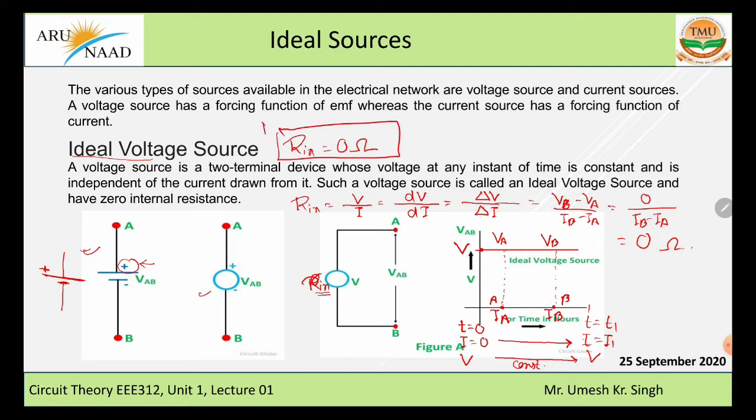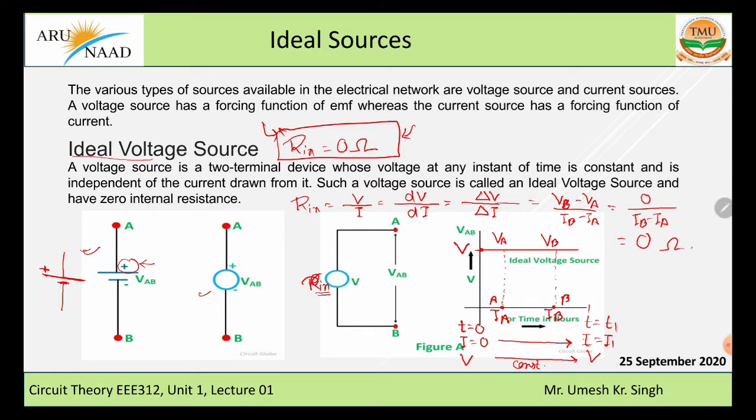And I will remind you that when you solve circuit theorems like Norton, Thevenin, or maximum power transfer theorem, then while calculating the internal resistance in the maximum power transfer theorem, or Thevenin resistance in Thevenin theorem, or Norton resistance in Norton theorem, what we do is short circuit the voltage source.